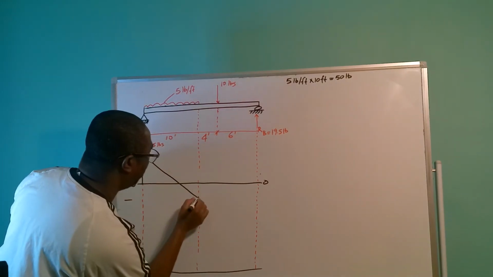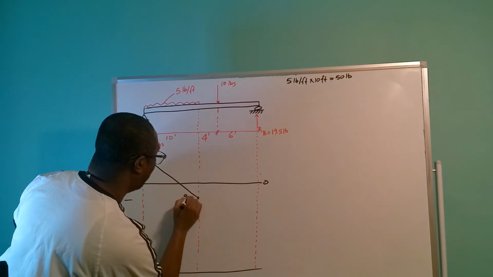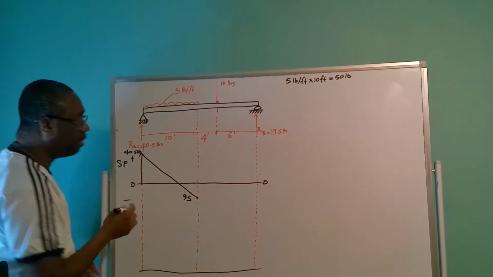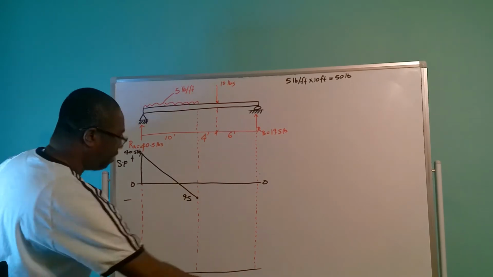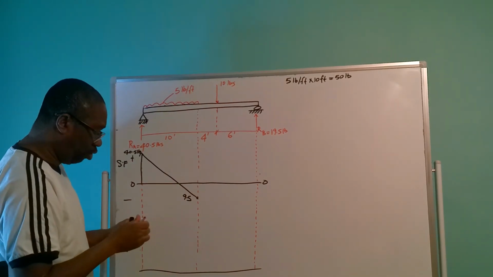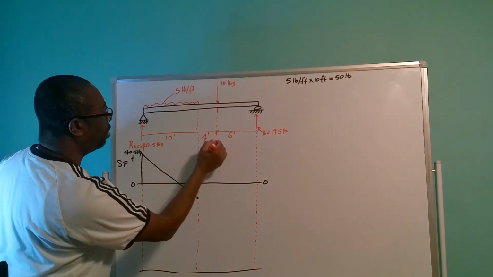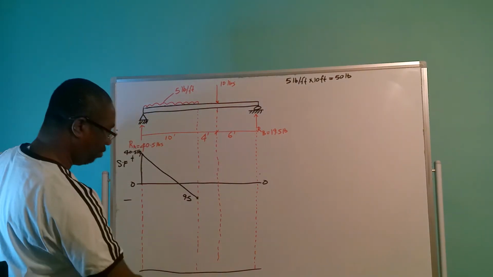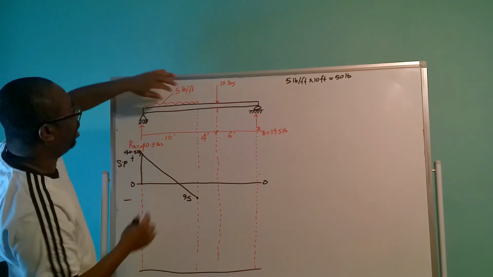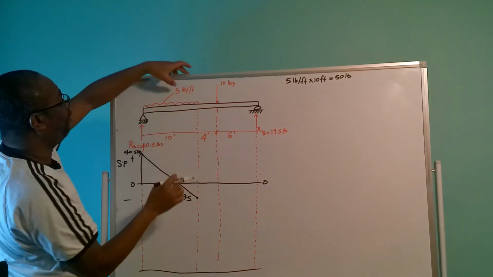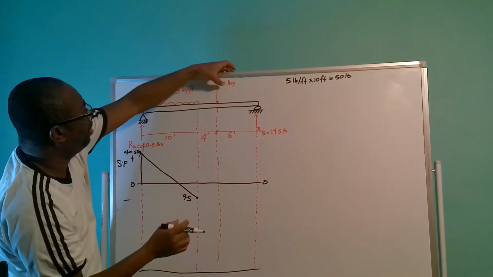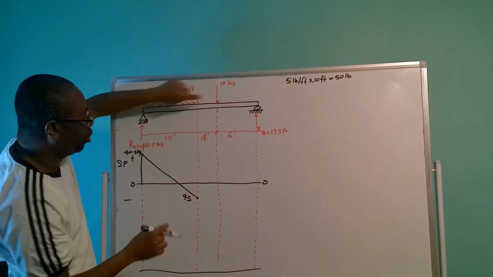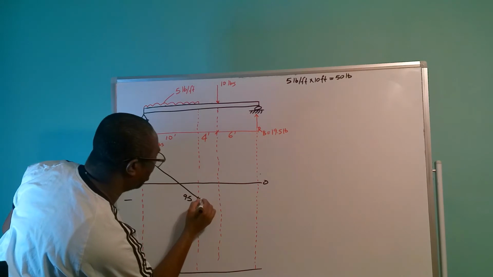So this point here is going to be 9.5 pounds. Right? In between the 5 pounds per foot and the 10 pounds, nothing is happening, so we simply carry this across.